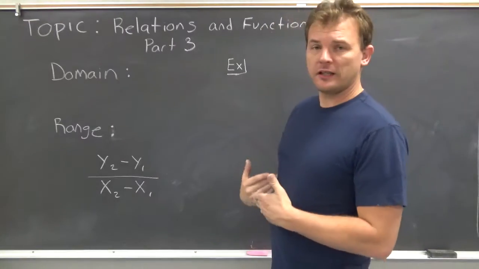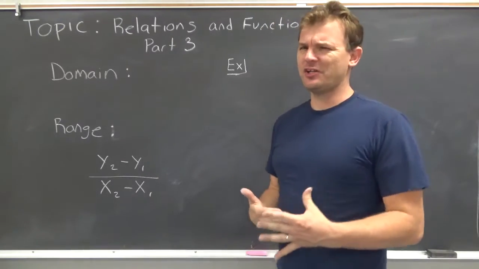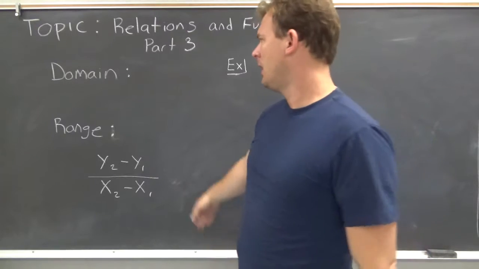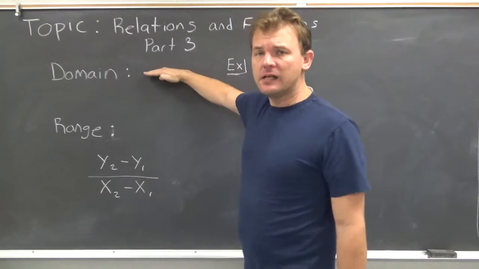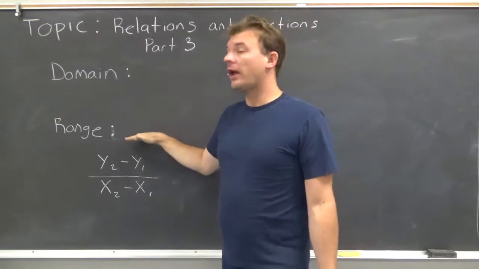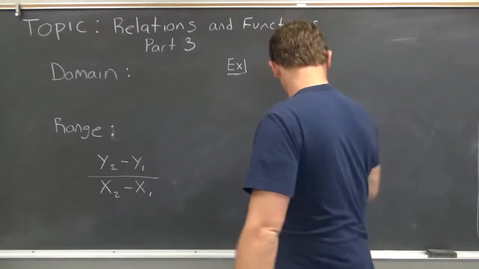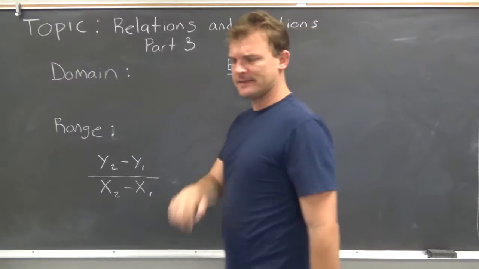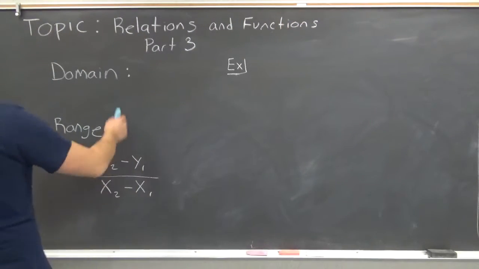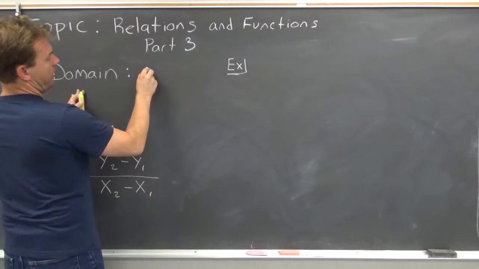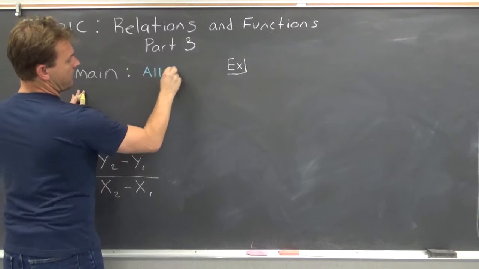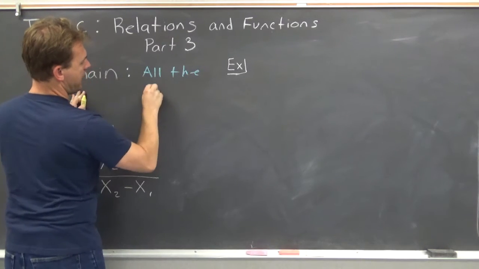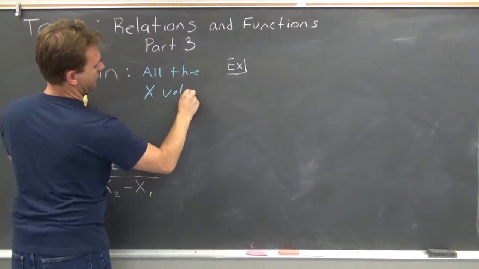So a couple more definitions or words that I want you to get used to are what we call a domain and what we call a range. Now, just to be very careful and clear about these, let's make these simple. A domain is just all the x values.